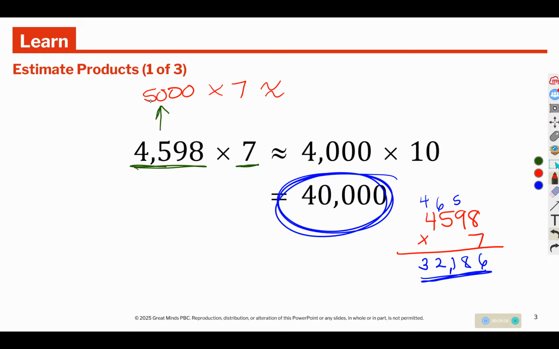Well, 5 times 7 is 35, with 3 zeros, is 35,000. That's closer to the correct answer than her approximation. So there are other strategies you can use to get an even more reasonable estimate.